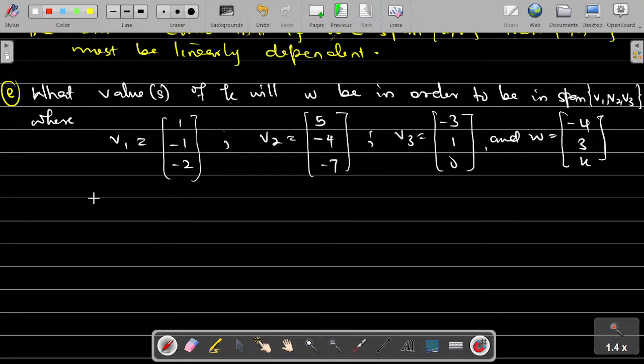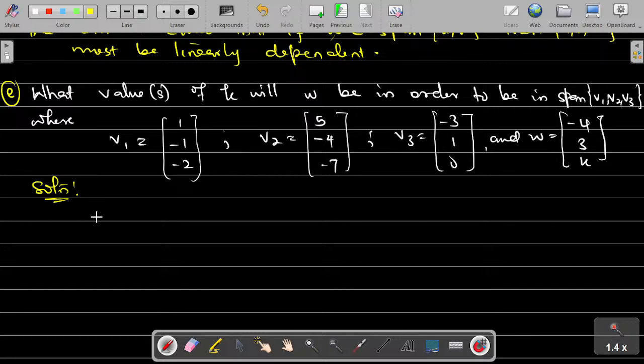Okay, so we started by saying solution. A hint was given. The vector w belongs to the span if and only if it can form a linear combination of the other three. So that's what we just defined in D above, and that's what they're asking us.